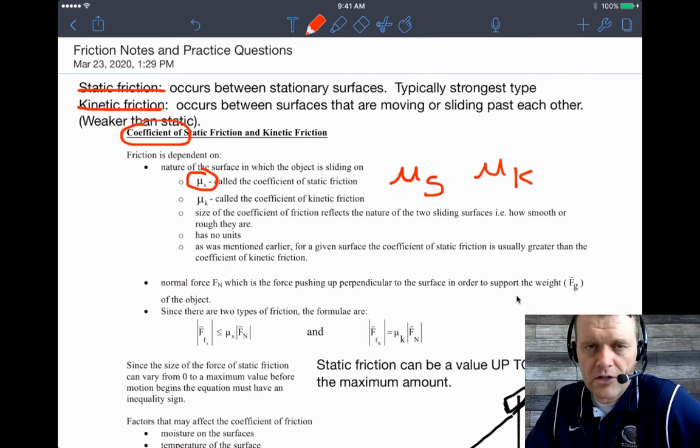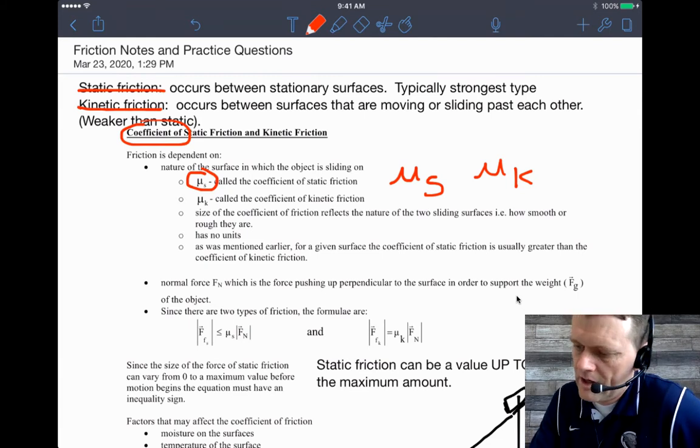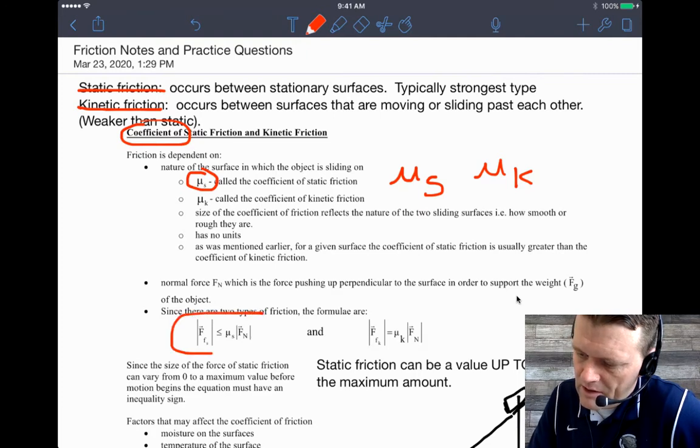These coefficients don't have any units. As you'll see, they're a ratio of the normal force, as you remember, to the force of friction. The two formulas you need to know are for static friction and for kinetic friction. The one for static friction is a bit unique because it involves a less than or equal sign.